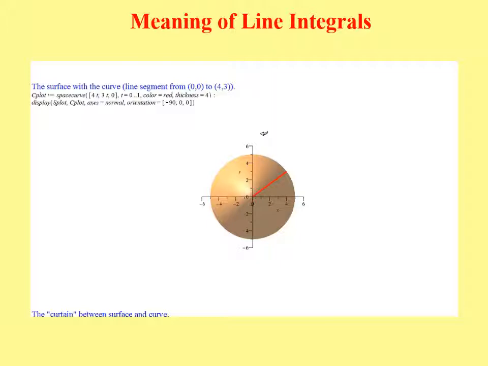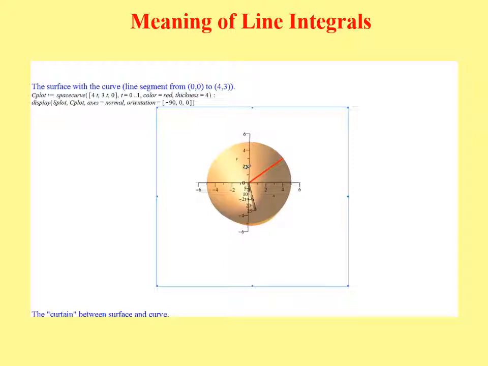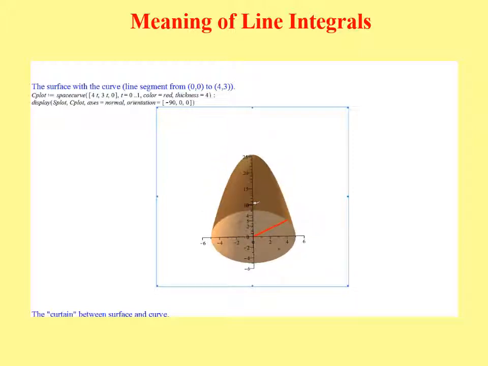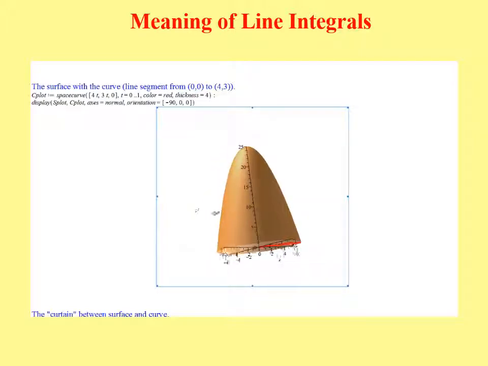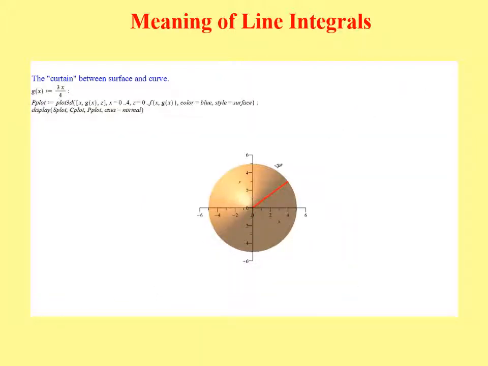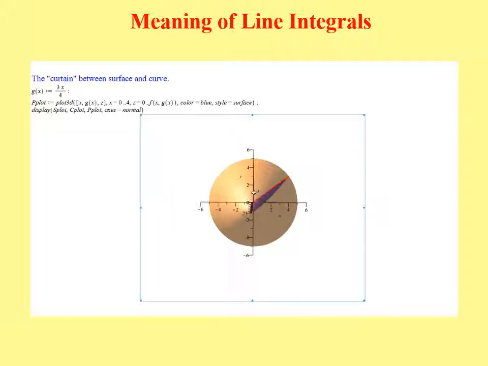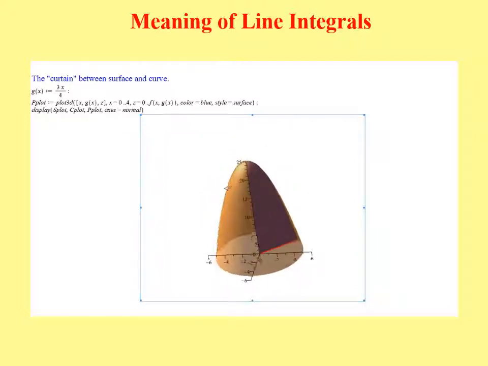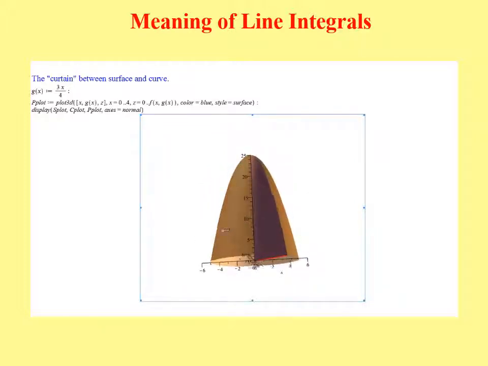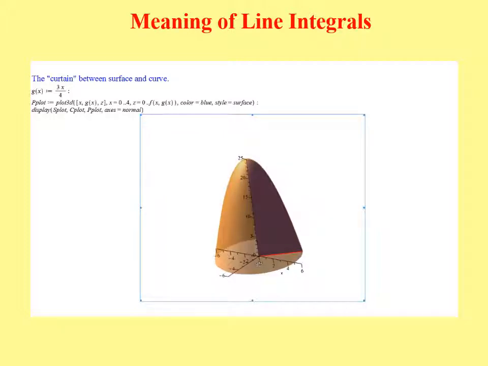We're looking at the line in the XY plane. Here is the actual surface. Now what the line integral does is to give us the area of what we call the curtain between the surface and the curve. This is where we get the terminology integrating over the curve.